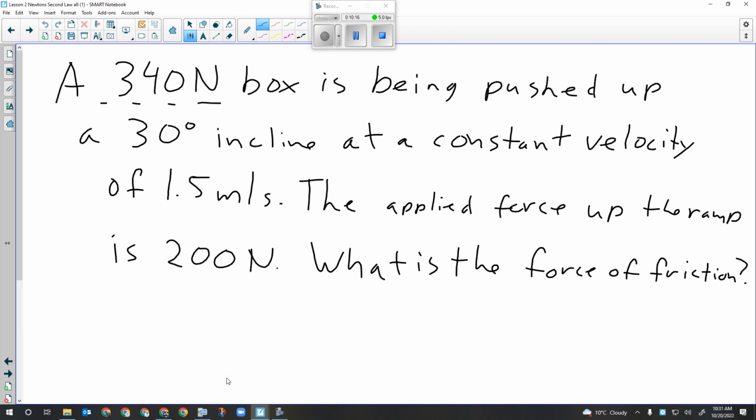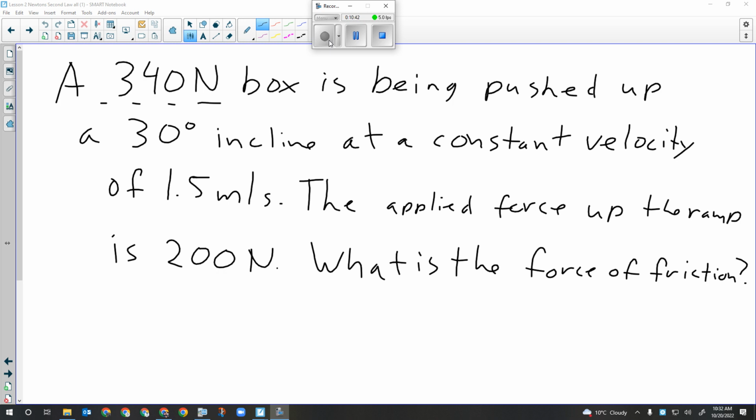So very much like the first quiz question, I have a 340 Newton box being pushed up a 30-degree incline at a constant velocity of 1.5 meters per second. The applied force up the ramp, so the force being used to push it up the ramp, is 200 newtons.